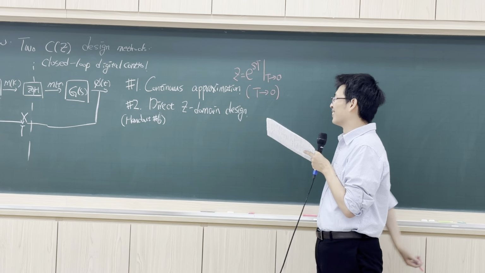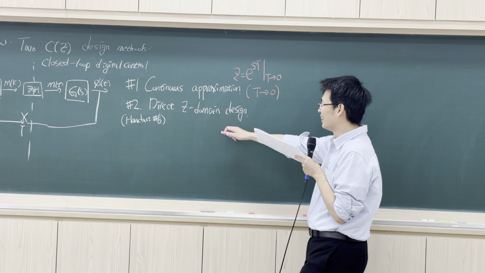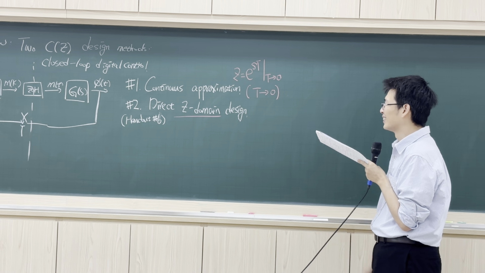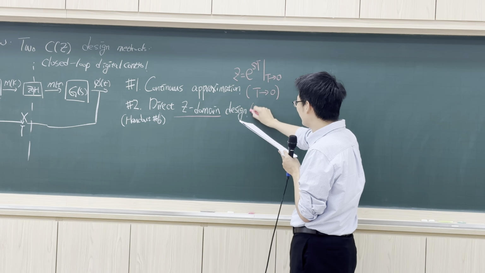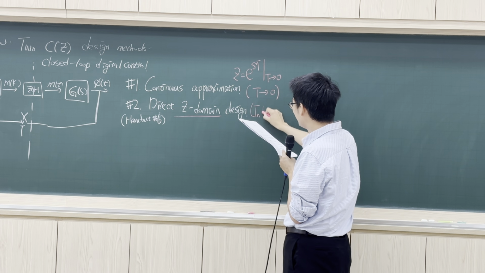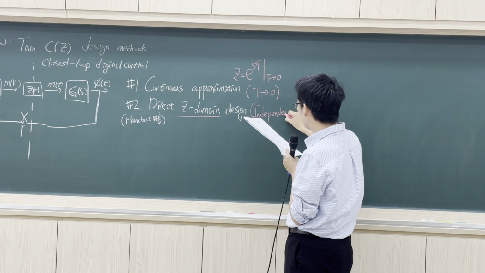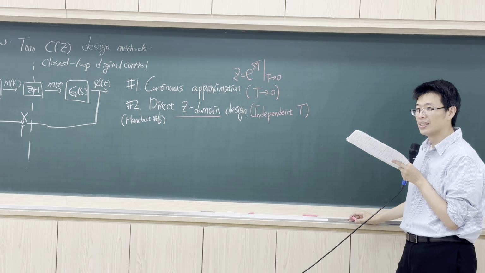Okay. So if you are not familiar with high performance computers, you may need to consider the second method called direct Z-domain design. In this case, you don't need to consider the D to A and the A to D interface, which is the sample time.